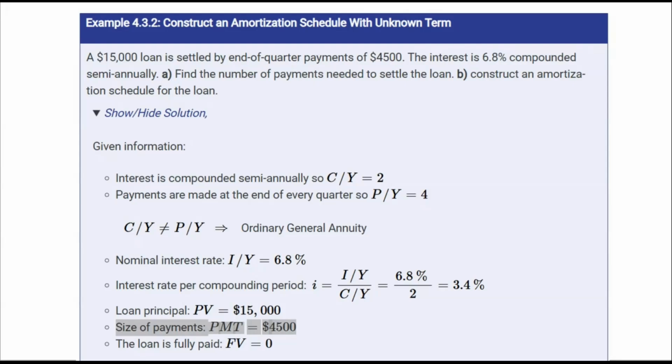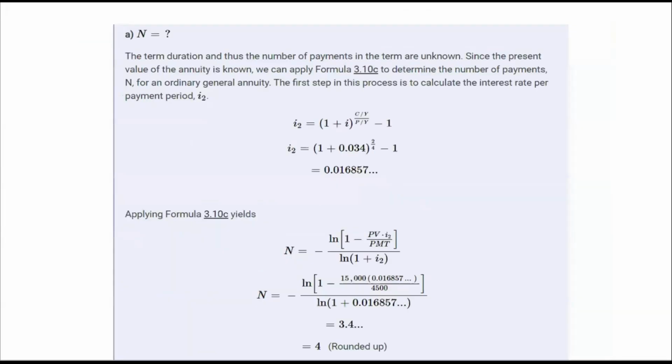Good. So let's do some calculation. What do they want? They want the number of payments, and then they want the schedule. Good. This is the formula. First, you have to find i subscript 2, because there's a difference between the compounding frequency and how often you will pay. So you have to find i subscript 2.